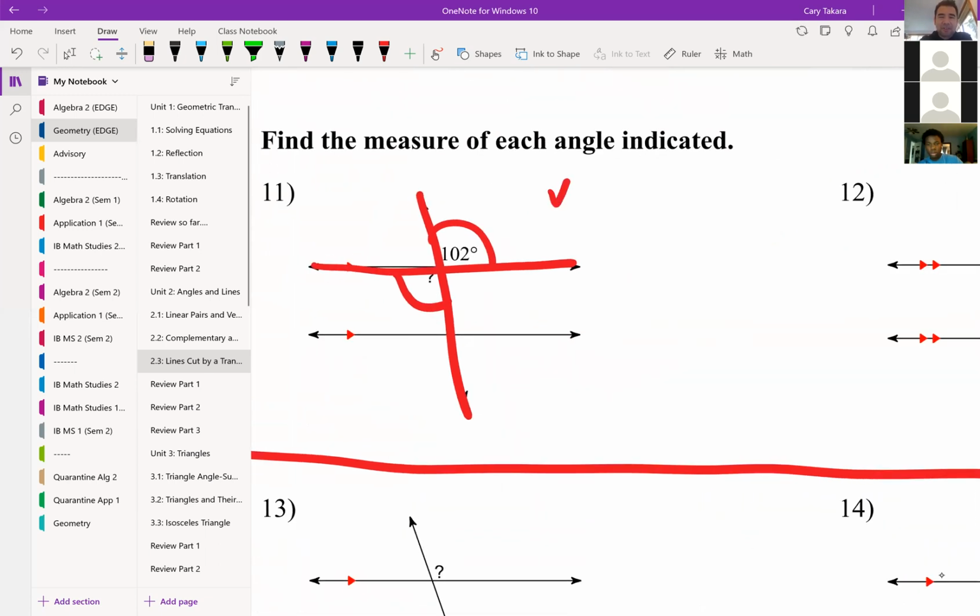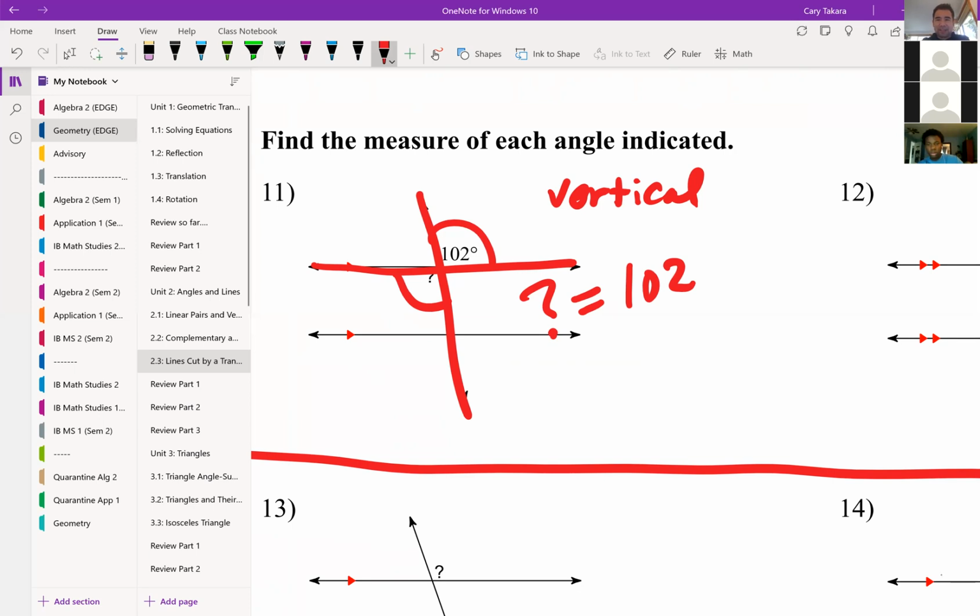So that's a vertical. And vertical angles are equal to each other, right? So what is the question mark? Question mark is going to be also 102 degrees. Does that make sense?